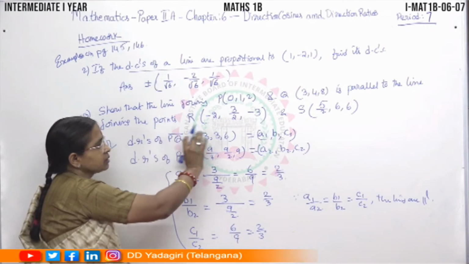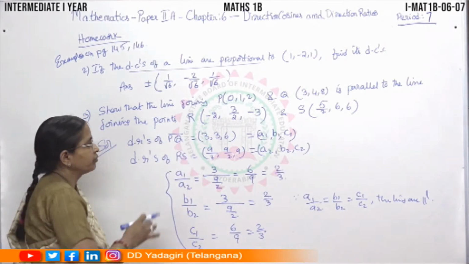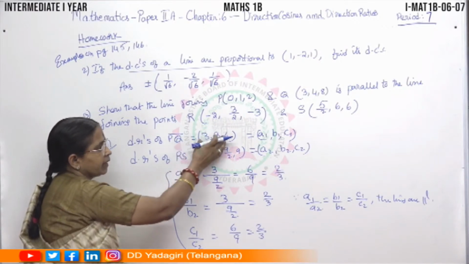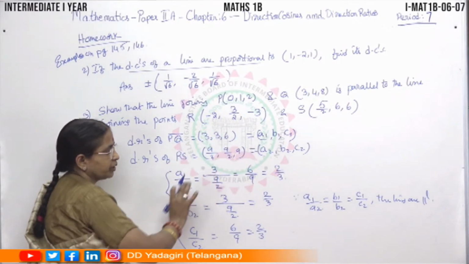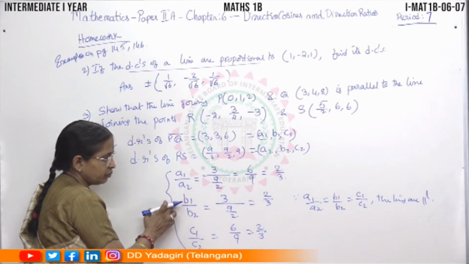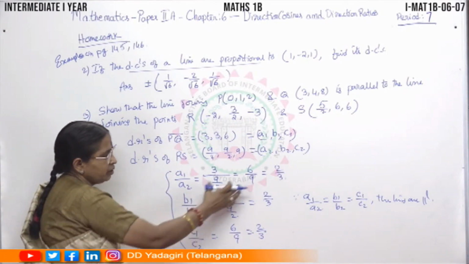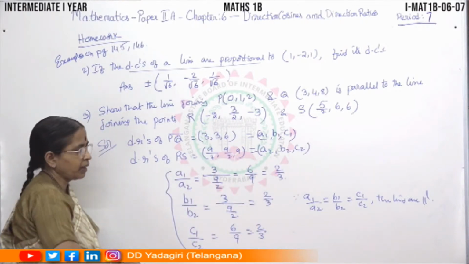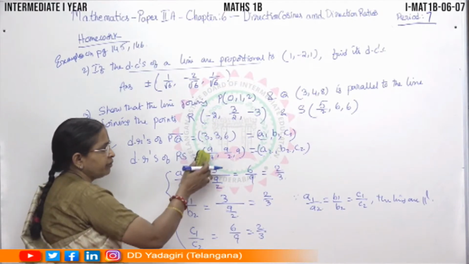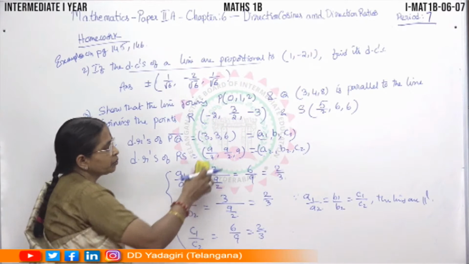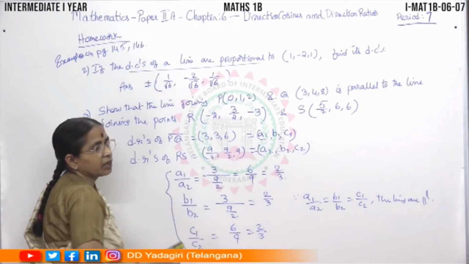Always first find the direction ratios of one side PQ and then RS. Name them as A1, B1, C1, A2, B2, C2, like this. Always first find A1 by A2, B1 by B2, C1 by C2. If all the 3 are equal, then you can directly say that they are parallel. Every time it is not possible, it may not strike you to take something common and show that they are equal.